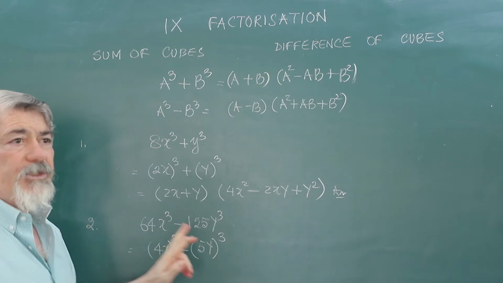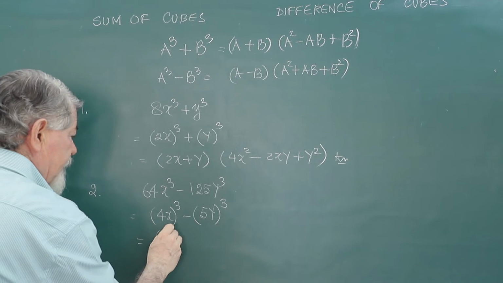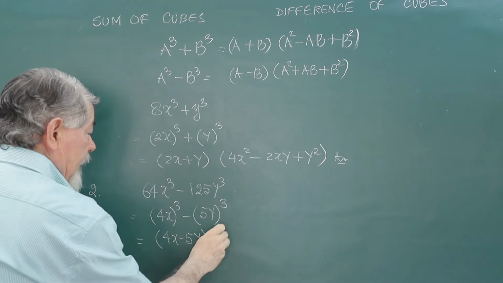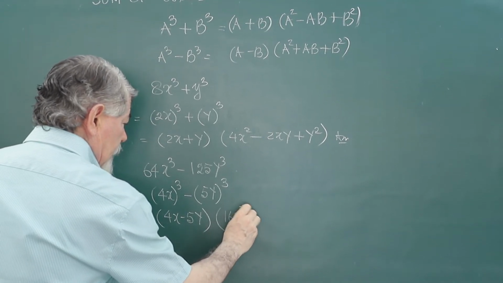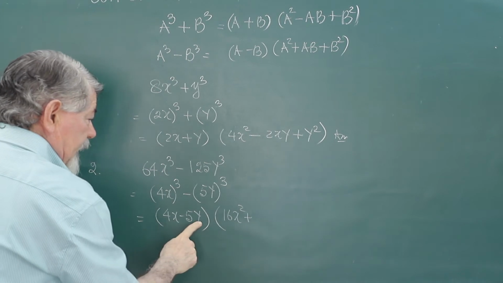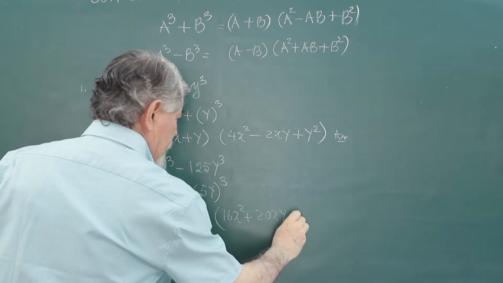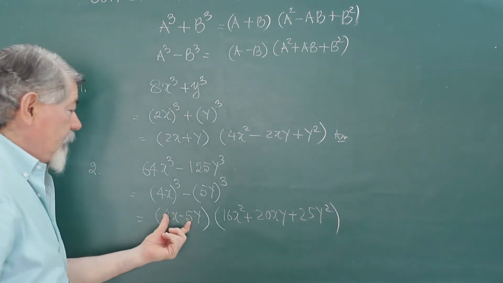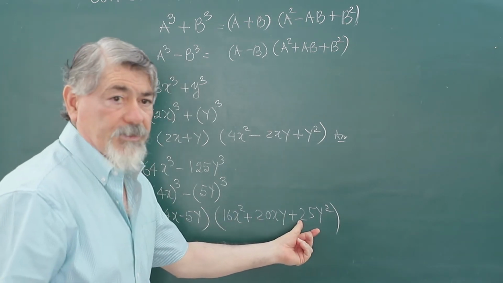A cube minus b cube has factors a minus b. A minus b is the first factor, 4x minus 5y. Then a square, the square of the first term, 16x square, plus the product ab, 20xy, plus the square of the second term, b square.